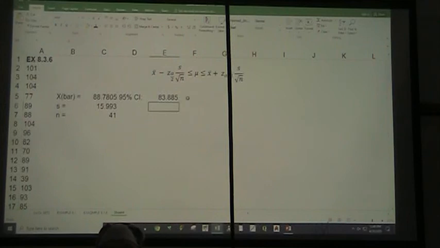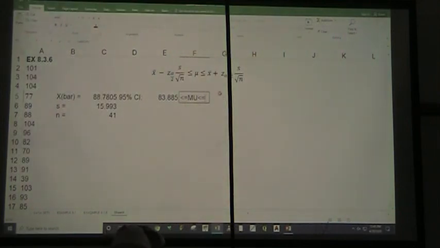All right, so that gives me my lower bound, which is 83.885, less than or equal to mu.